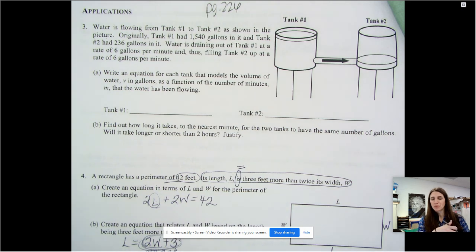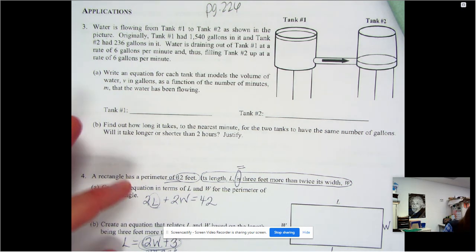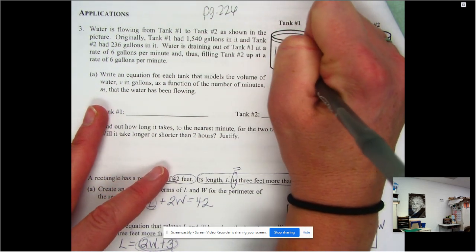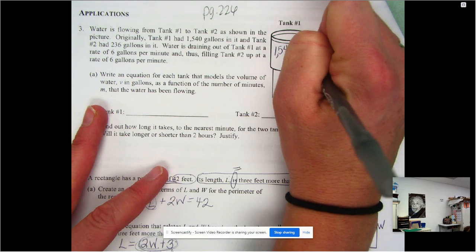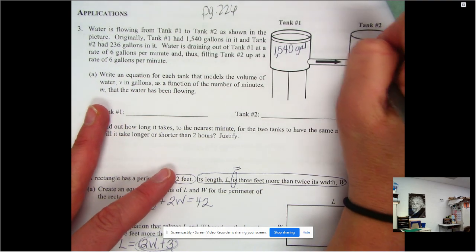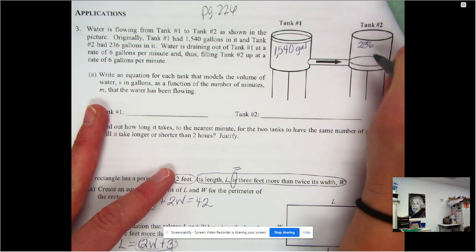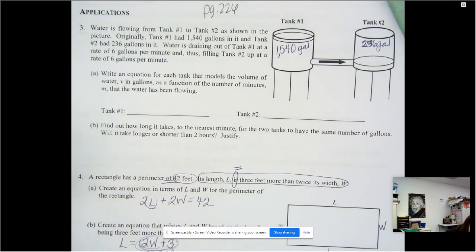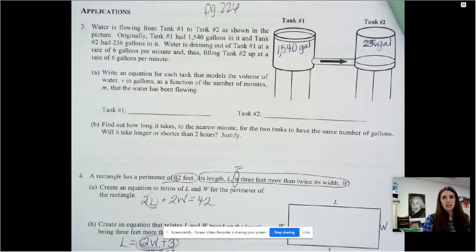So let's go back into our problem and start labeling some stuff into our picture. So tank number 1 starts with 1,540 gallons. And tank number 2 starts with 236 gallons. Okay, so those are our original amounts.